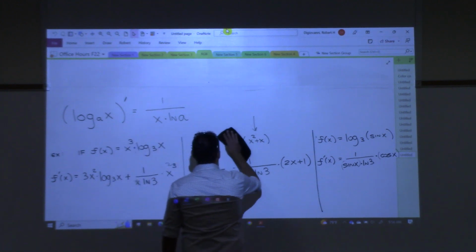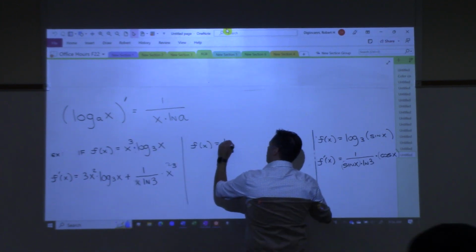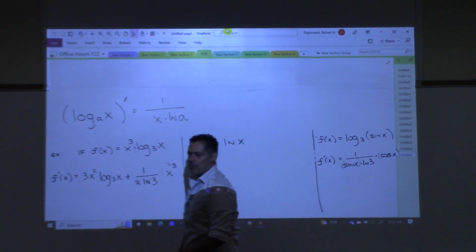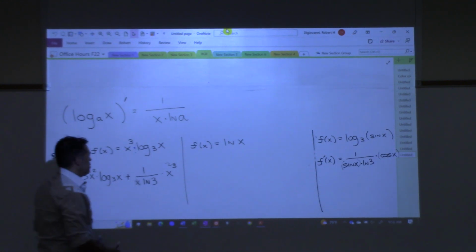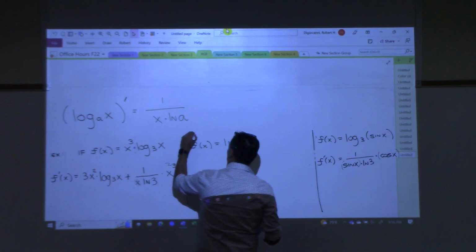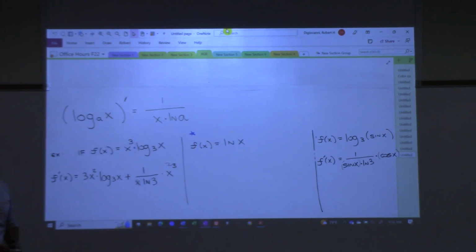How about this one? How about natural log of x? What's the derivative, right? That's the question. By the way, let's put a big star next to this one because this is a really important one. All right, so what is the base of this log?